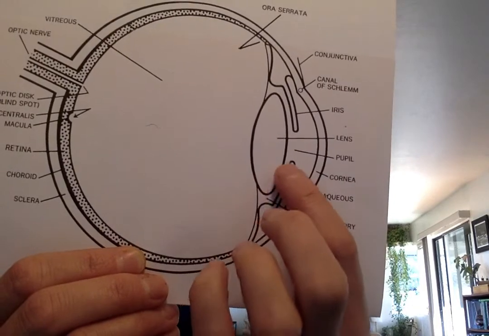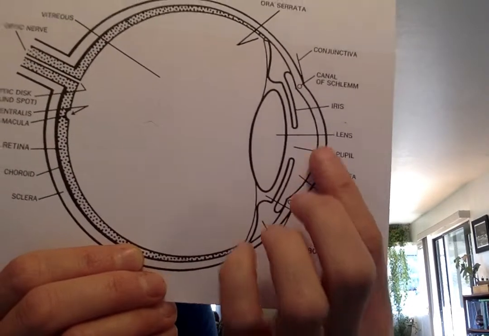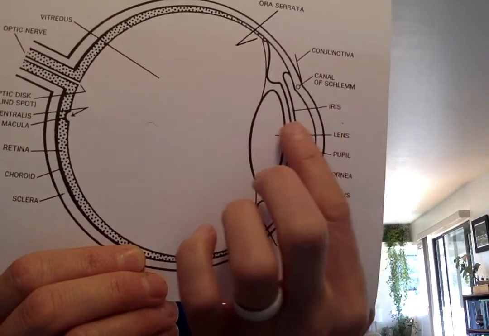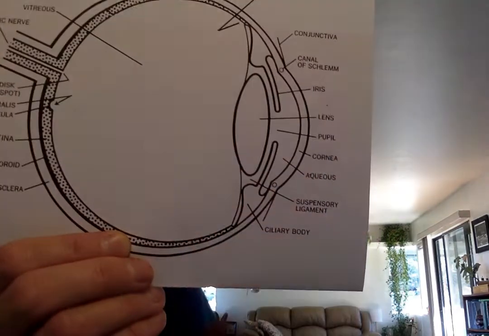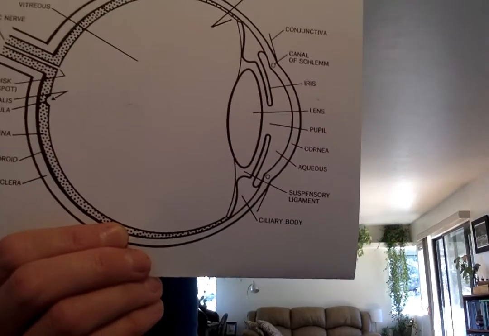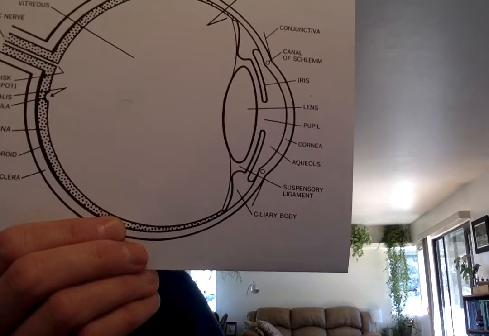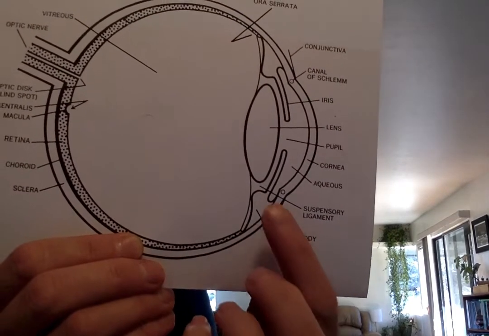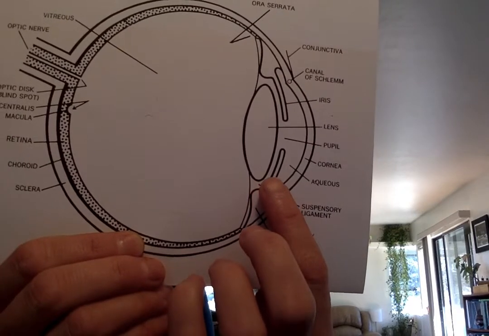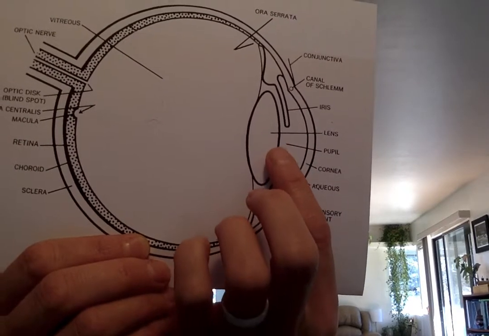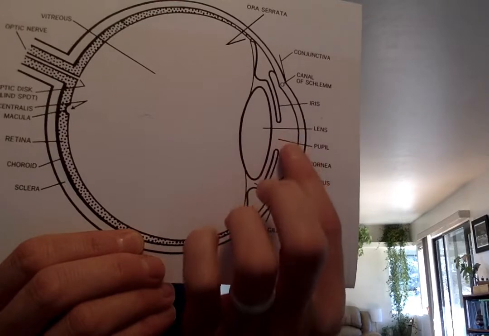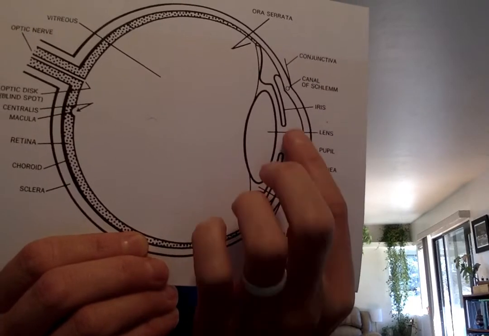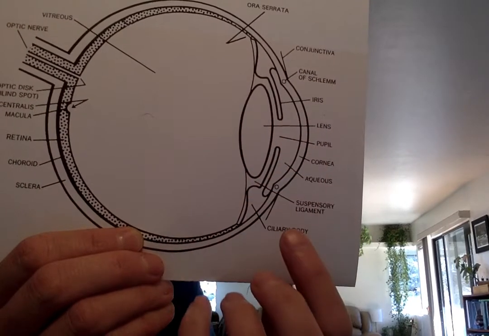So that's kind of like this area here, where the anterior chamber of the eye is between the cornea and the iris, in that area right here. Both are filled with aqueous, and the aqueous is produced by the ciliary body, and then it filters into the posterior chamber through the pupil, and that is how it enters into the anterior chamber.